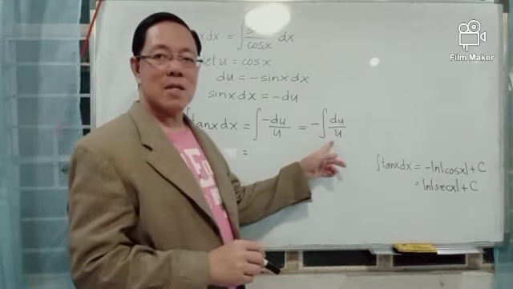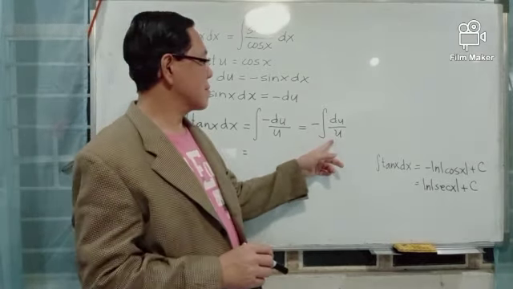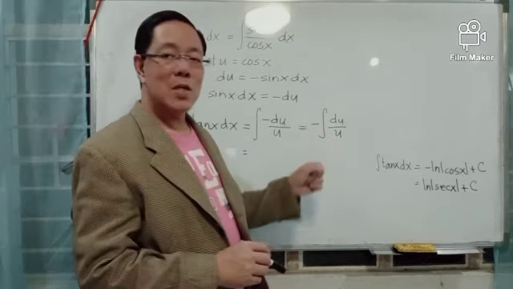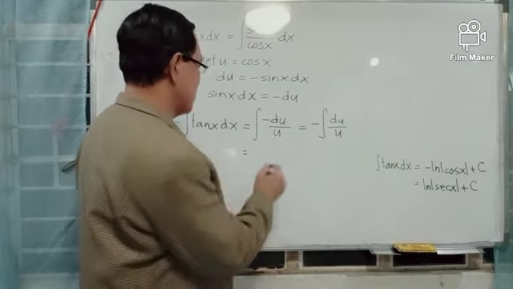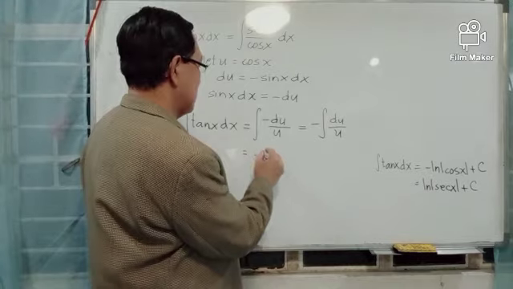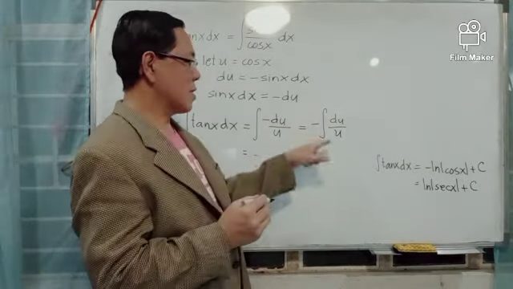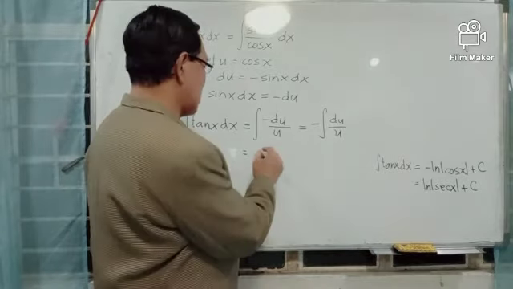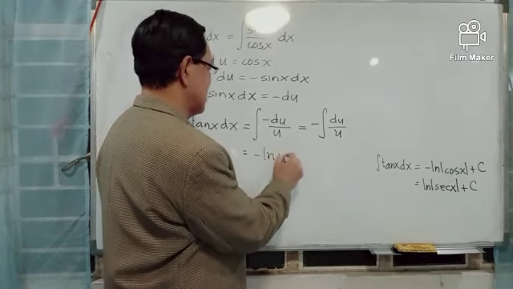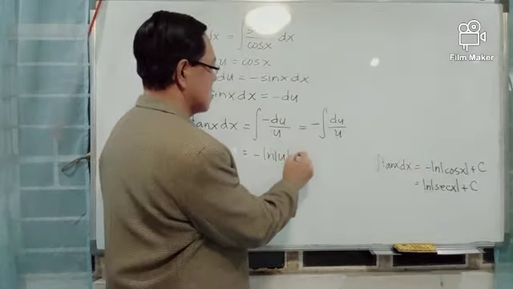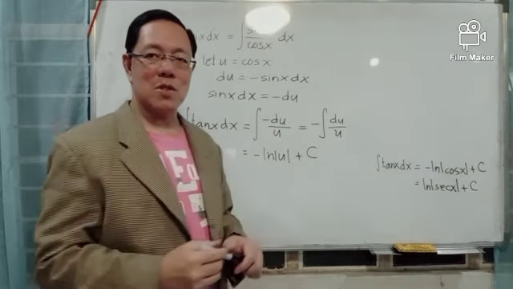And the integral of du over u is ln u. This is now equal to negative, times the integral of du over u is ln u, plus a constant of integration.